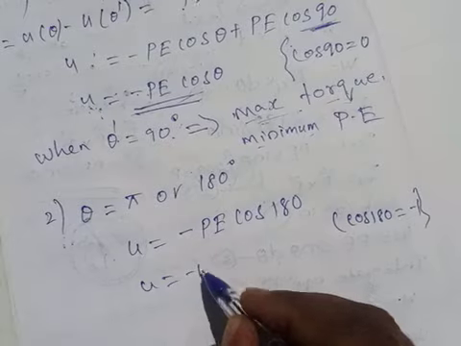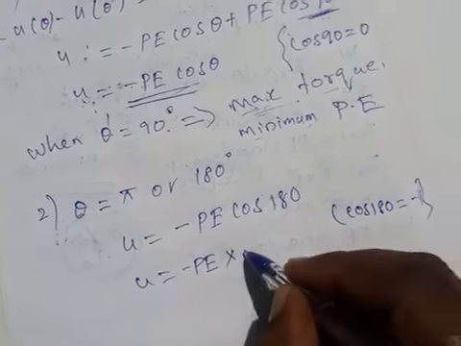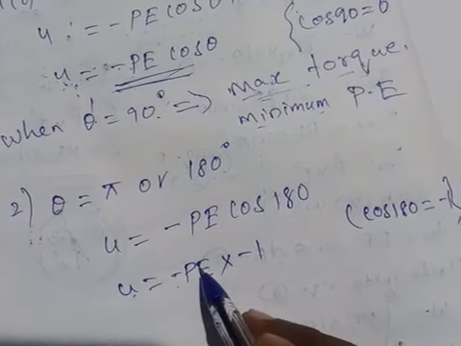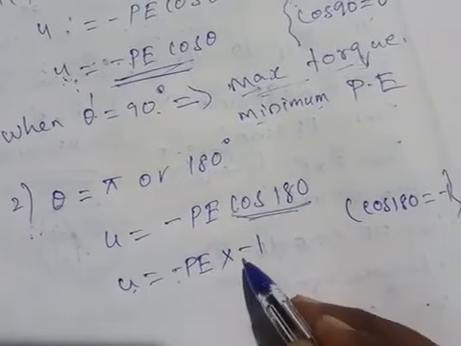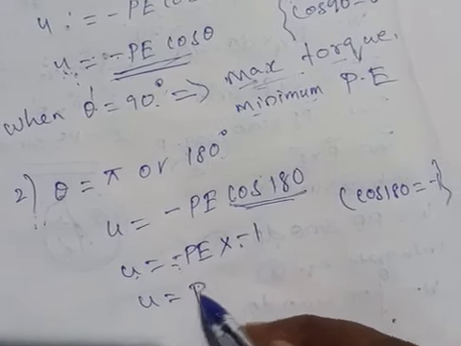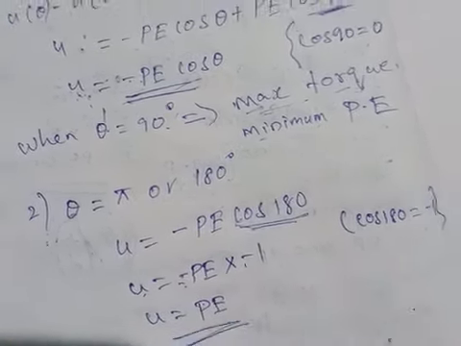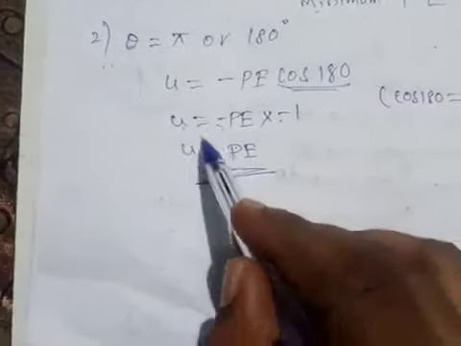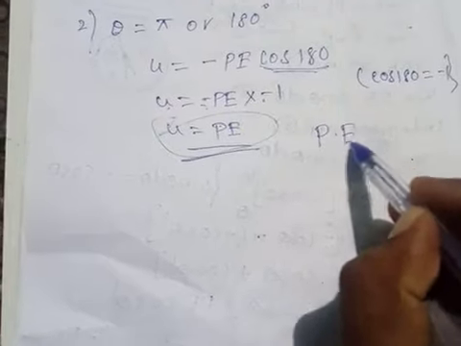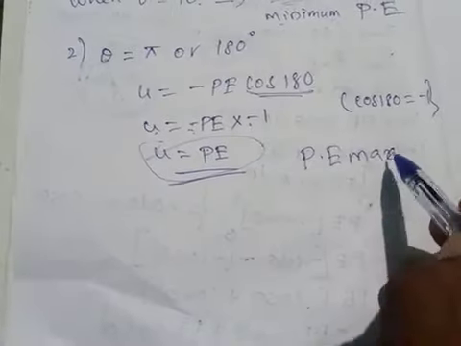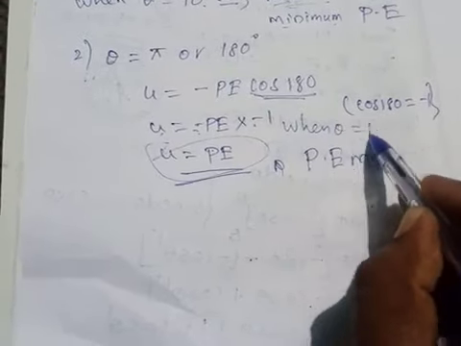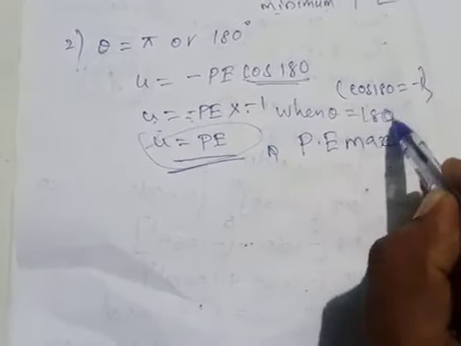So U is equal to minus P into minus 1, so U is equal to plus P. So you see, potential energy is maximum when theta is equal to 180 degrees.